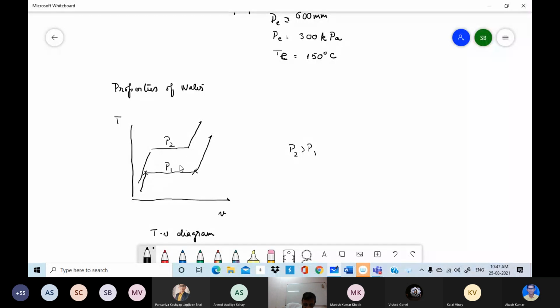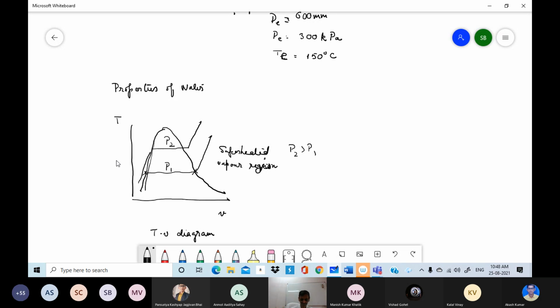So if we plot such graphs for a variety of pressures, then all these points we will be able to join, where the phase change has started occurring and where it has ended. And then we'll get a boundary. So this is the superheated vapor region.